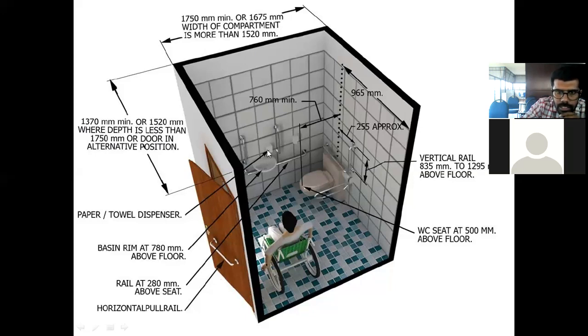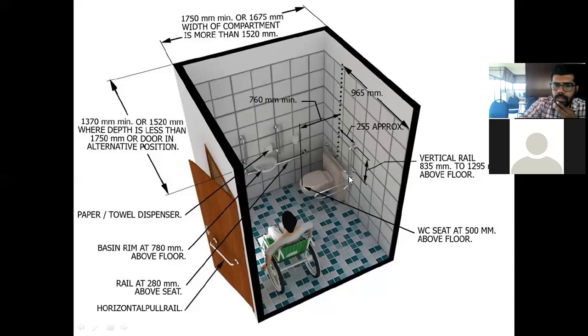Then this is the paper or towel dispenser. This is the wash basin rim, at a height of 780 mm above floor. Rail at 280 mm above seat. This is the rail because you need rails for handicapped persons. Water closet at 500 mm above floor.